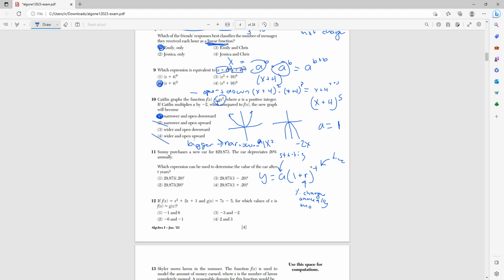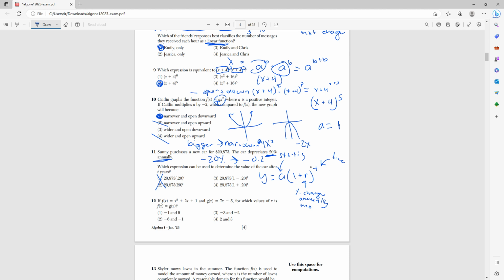It says the car depreciates by 20% annually. If it's depreciating, that means negative. It's reduced. The value is decreasing by 20%, so that's -20%, the same thing as saying -0.2. If we look at our choices here, we can immediately remove 1 and 2 because they don't have our 1 plus something.